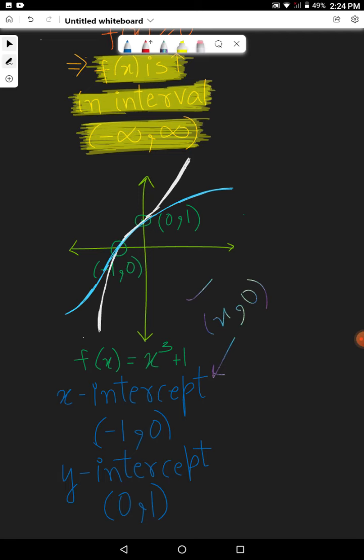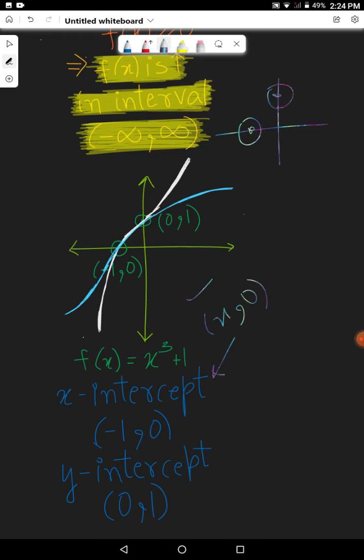Now just try to understand this. The curve is increasing and it is passing through this point and this point, right?